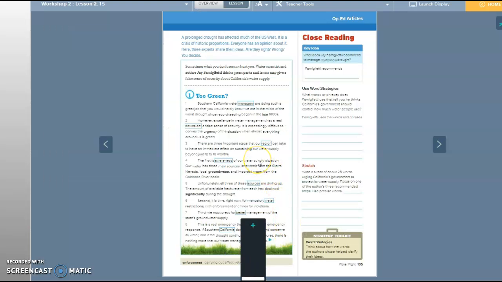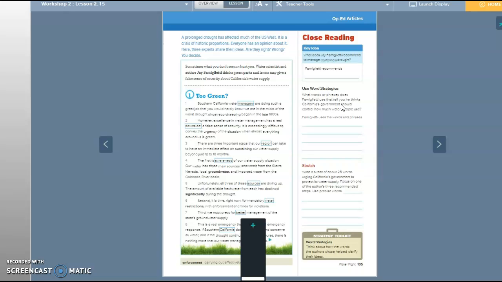Let's take a look at page 105. Right here you're going to be looking for, what does J. Famigletti recommend to manage California's drought? He recommends blank. We're going to look for that. Use word strategies. What words or phrases does Famigletti use that tell you he thinks California's government should control how much water people use?